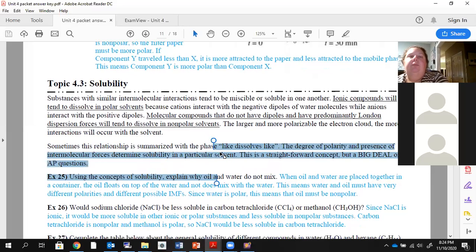So the degree of polarity matters. Something that is more polar is more likely to dissolve in something else that is also polar, or something that is more non-polar is more likely to dissolve in something else that is also non-polar.